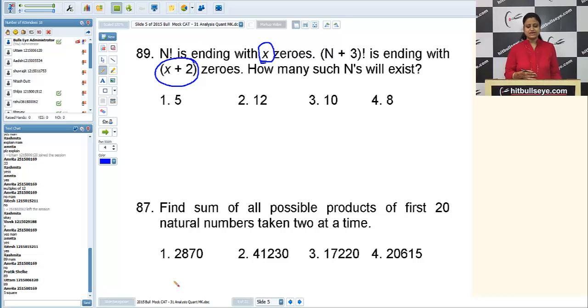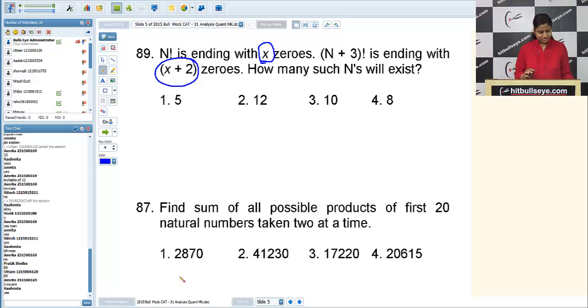That's why we will take all the multiples of 25. Is this logic clear? Why am I taking multiples of 25?